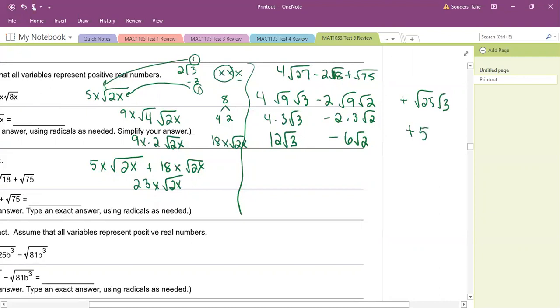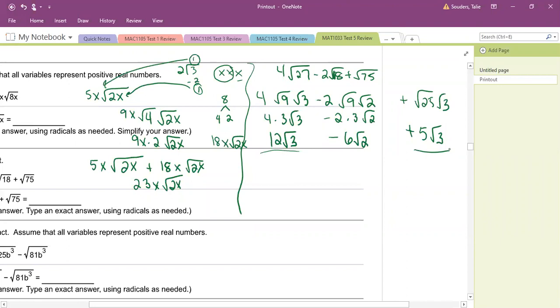Okay, so now you have 12 square roots of 3 minus 6 square roots of 2 plus 5 square roots of 3. Is that our final answer? Nope, because we need to combine like terms. So which terms can be combined here? You can add the 12 square roots of 3 to the 5 square roots of 3.